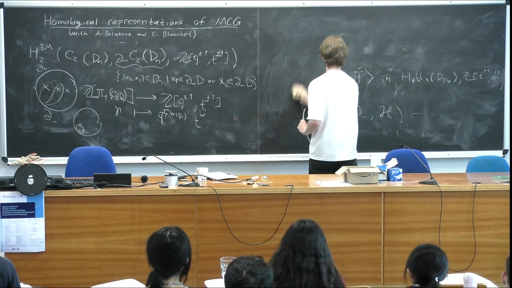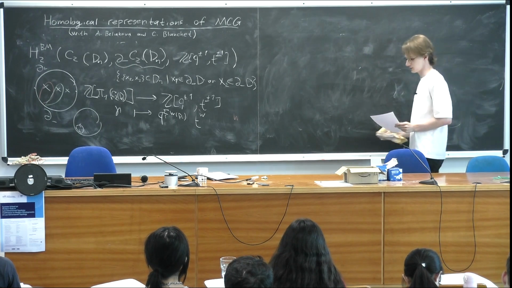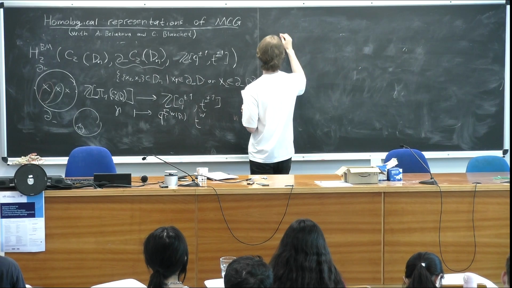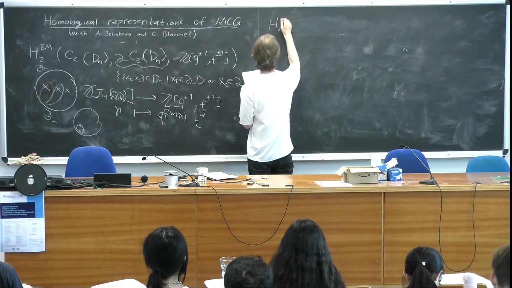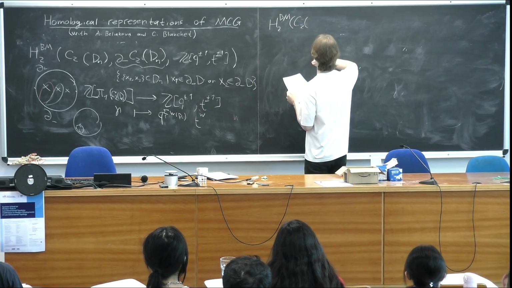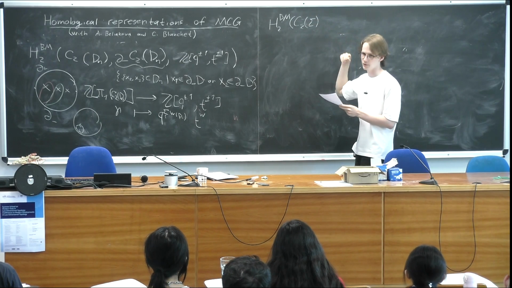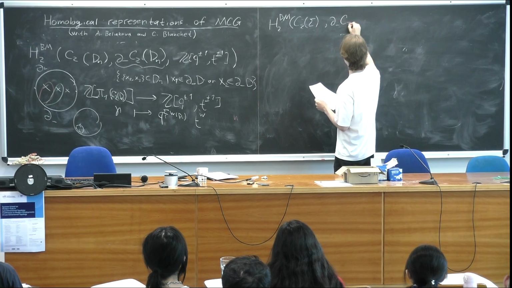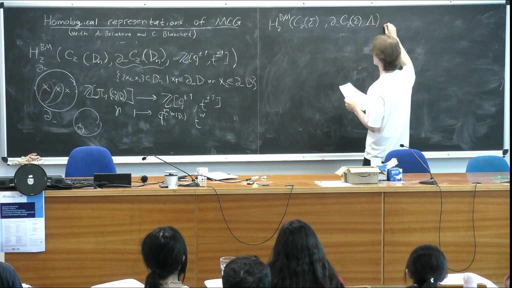The reason why this representation is faithful is because you can look at the pairing between, let me write here sigma, because it will also work the same for surfaces. I have some local system here.